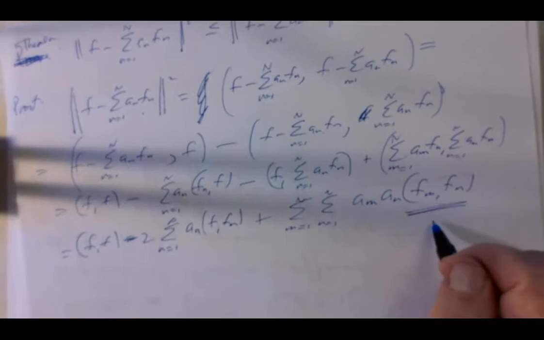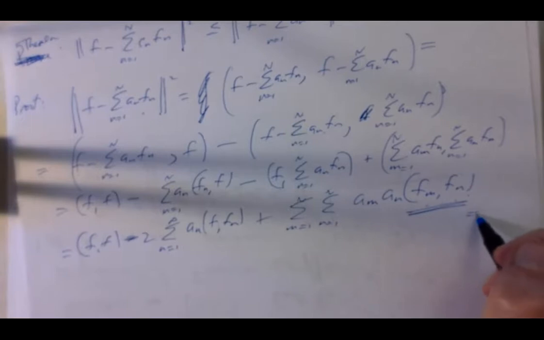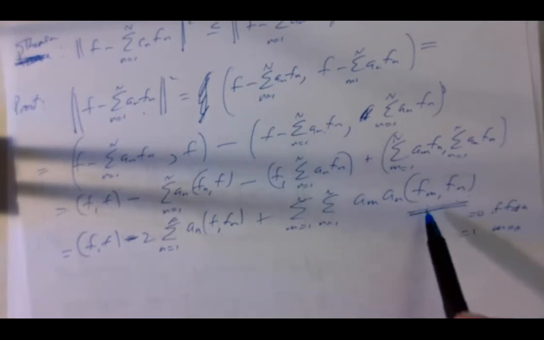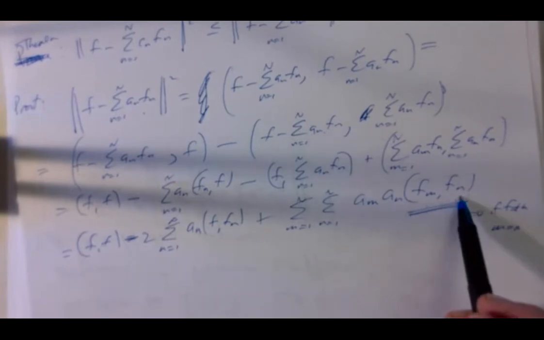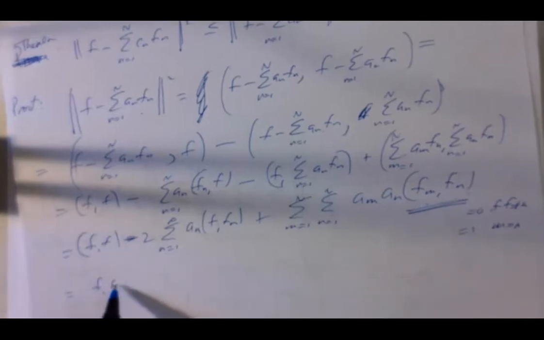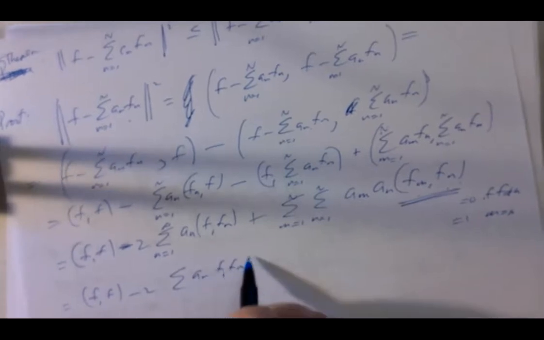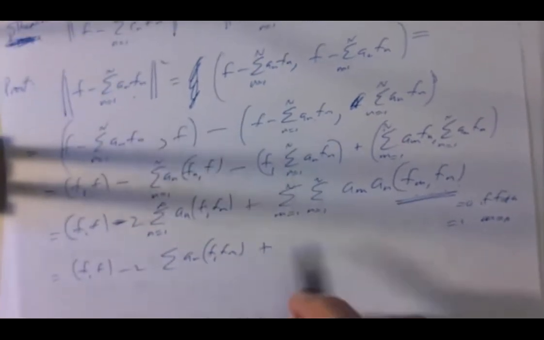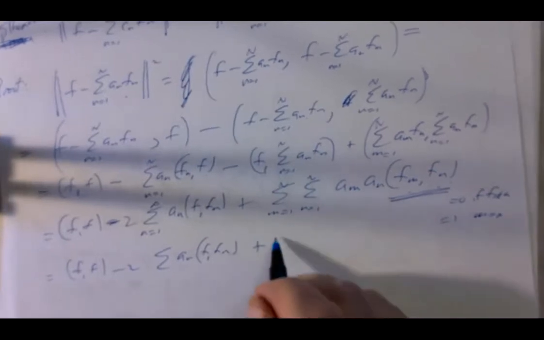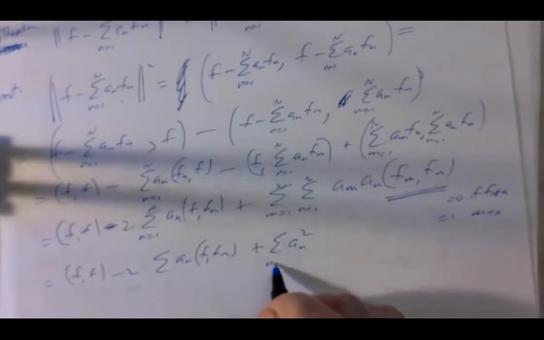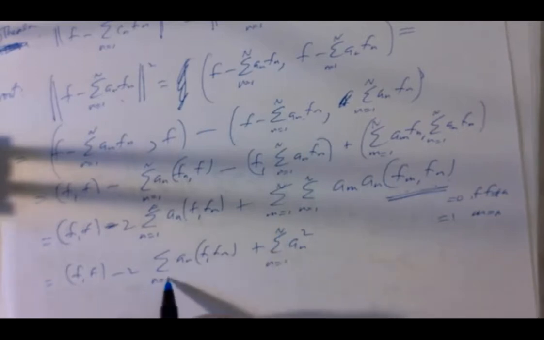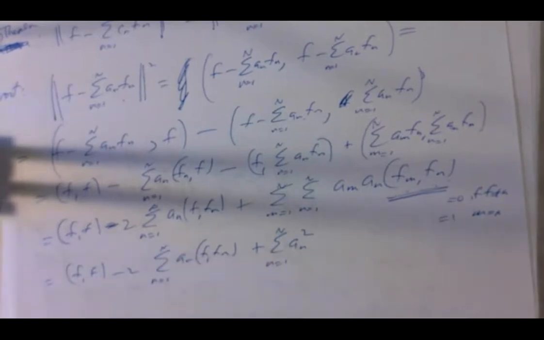But this is 0 if m is different from n, and it equals 1 if m equals n. So I'm only summing over the terms where m equals n, so I get the inner product of f with itself minus 2 times the summation an times f comma fn, and here I just get the summation of a sub n squared.